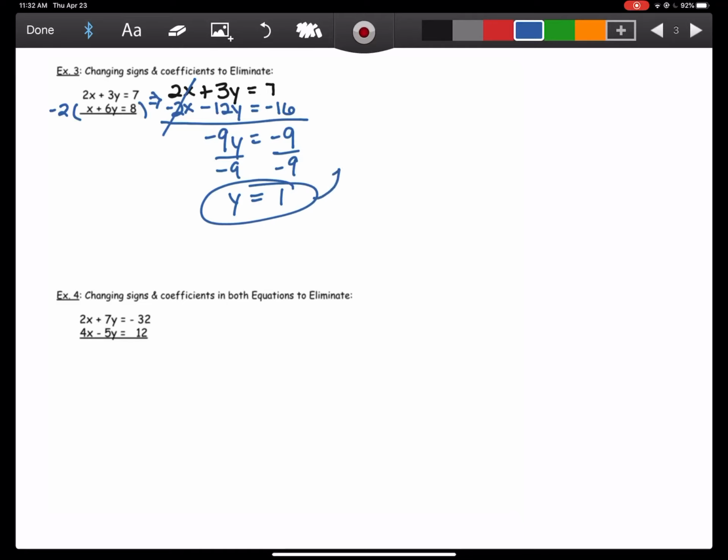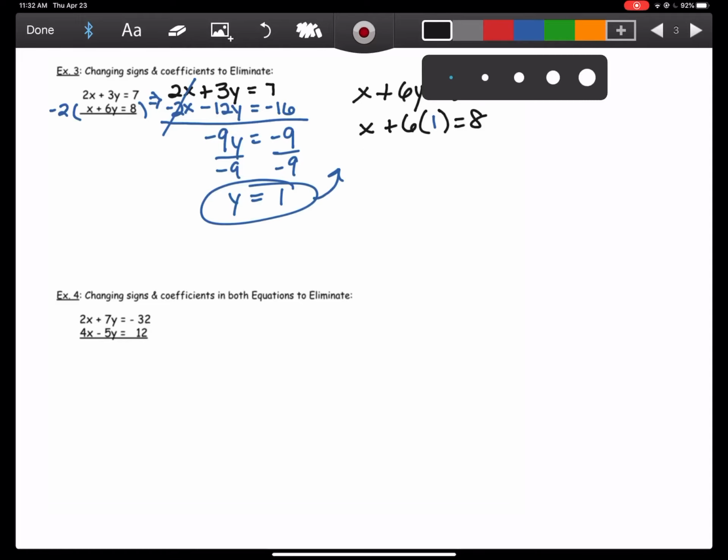That's part of my answer. I'm going to use a different color here. I'm going to pick the bottom one. x plus 6y equals 8. x plus 6, open parenthesis, equals 8. Substitute. x plus 6 equals 8.